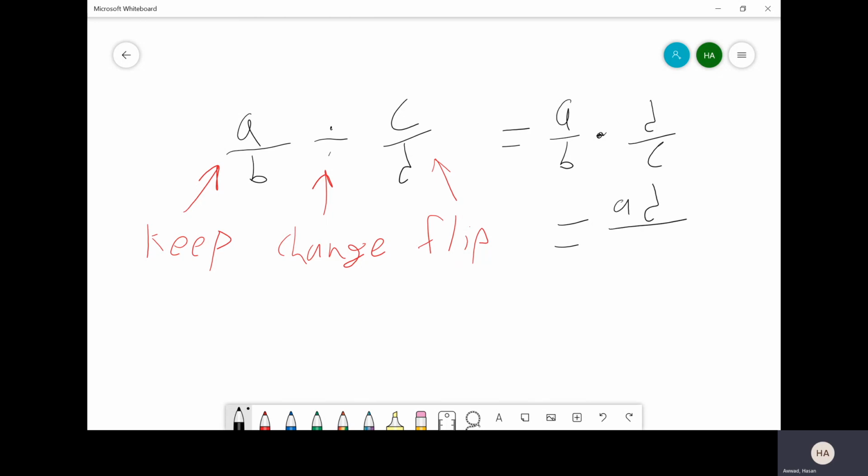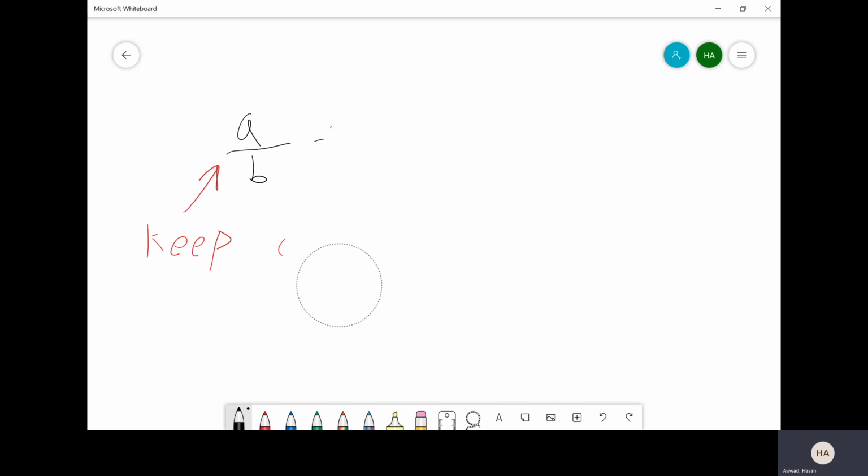So now it's A times D over B times C. And hopefully that makes sense. Again, keep, change, flip is something that I hope you guys have seen before. You don't necessarily need to do it this way. There's the longer approach, which may make more sense to you, and I have no problem going over that with you in private if you so choose. But I think that keep, change, flip is kind of intuitive as long as you can remember KCF, right?